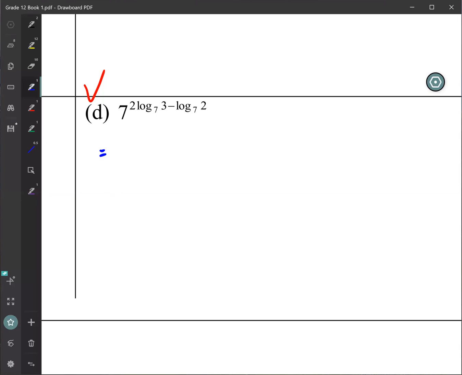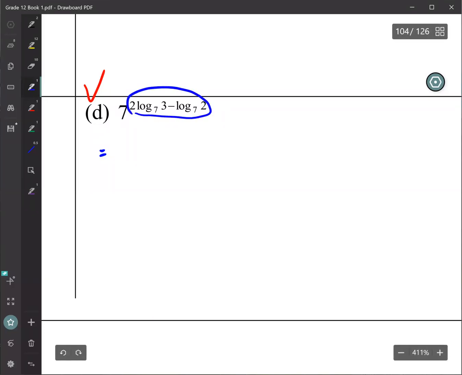Can we bring the exponent down to the other side? Which exponent? Both of them? You mean this whole thing? Okay, you can only do that if there's a log. If there's a log at the front, then you have rule number 3 to bring it down. But there's no log here, so you can't.